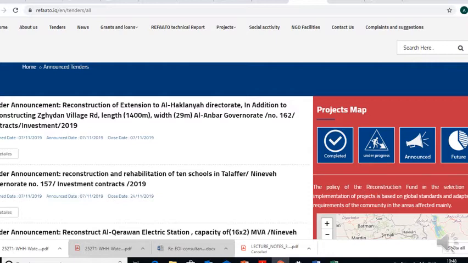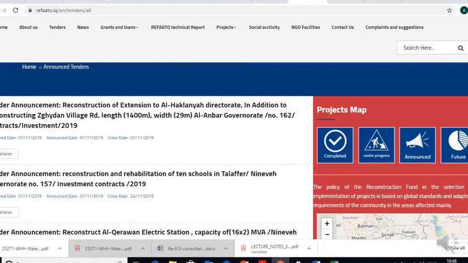Do you want to actually be involved in the construction of that? Well, form your own construction company and then you can actually tender for that work. And if you click on that little tab at the bottom for details, it will probably give you the tender documents for that. The reconstruction and rehabilitation of 10 schools in Nineveh.